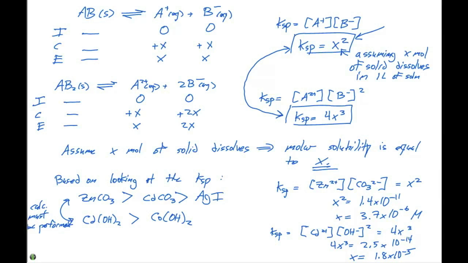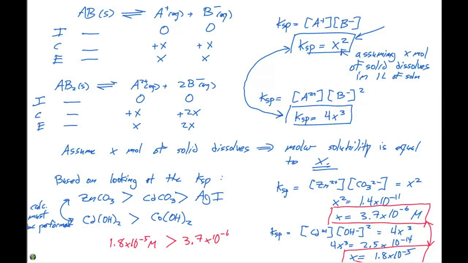So now we're able to compare this value to this value, and we can directly compare them. We now have the molar solubility of each of these complexes. We can come over here and write that 1.8 times 10 to the minus 5 molar is greater than 3.7 times 10 to the minus 6 molar.